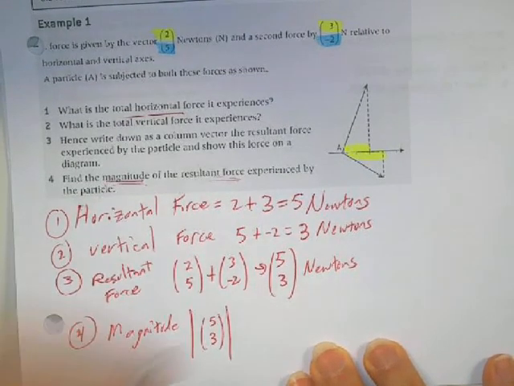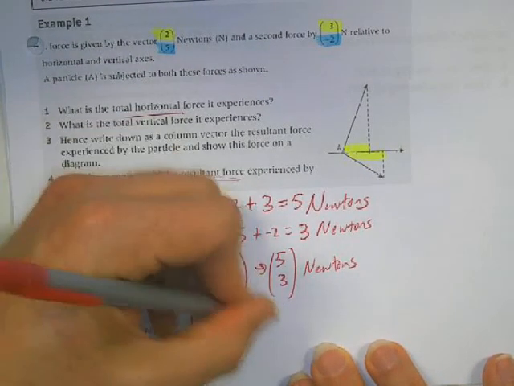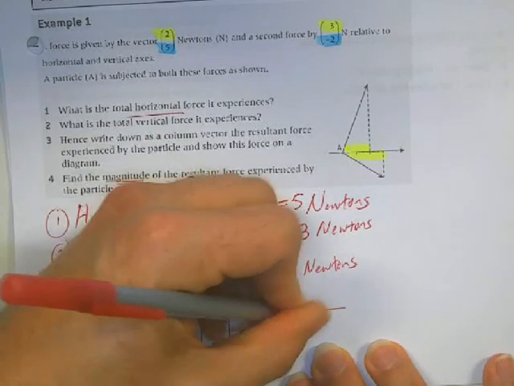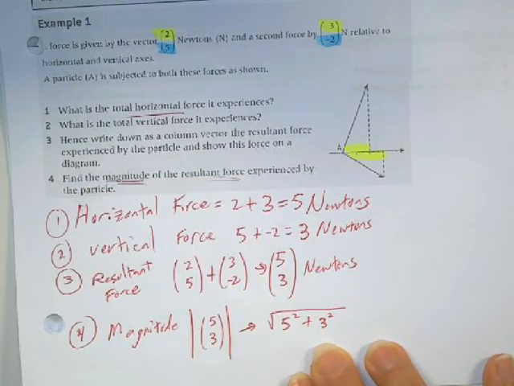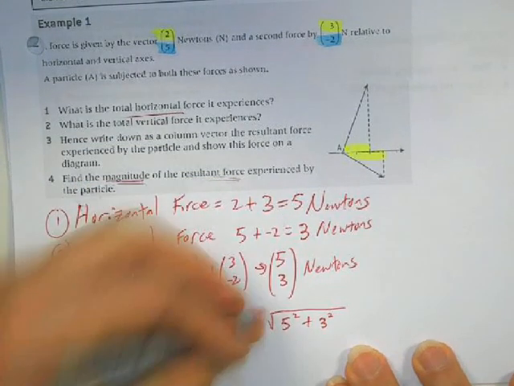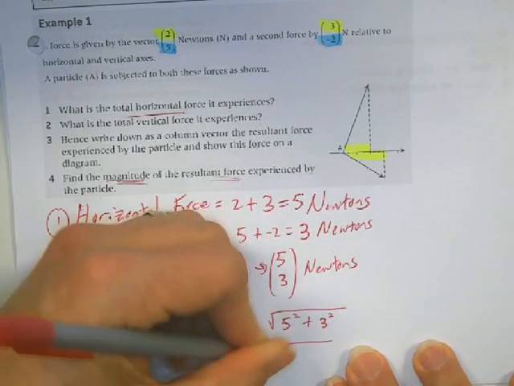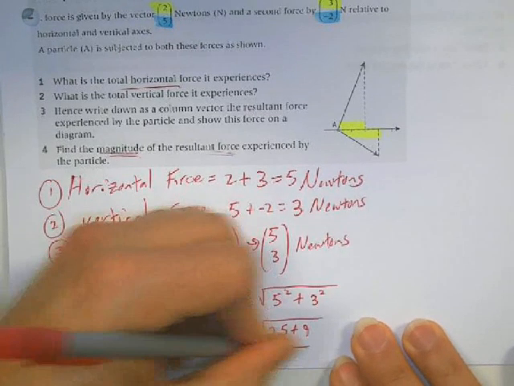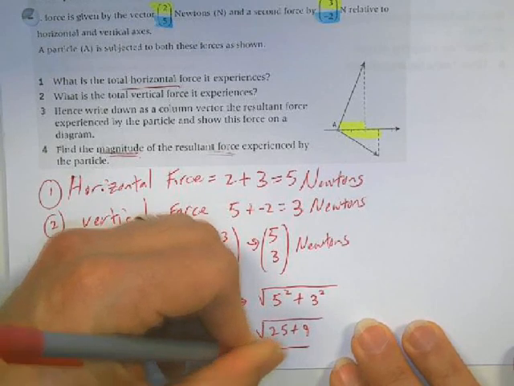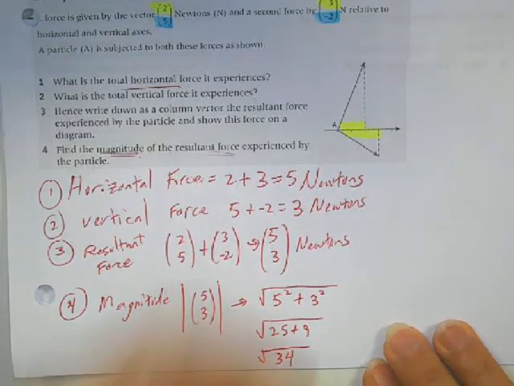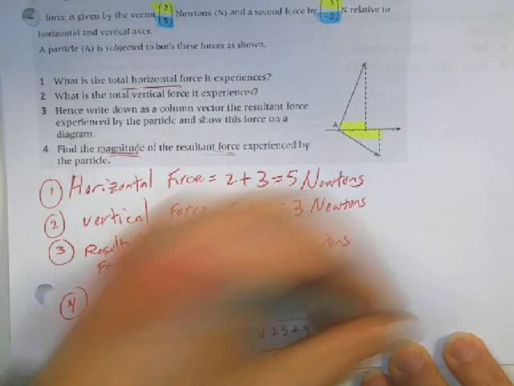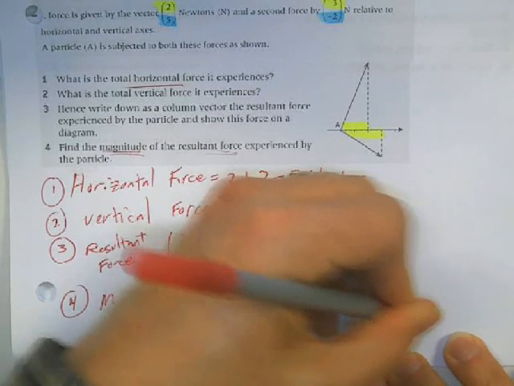And so to figure out the magnitude, we take the square of the 5 plus the square of the 3, and then add them together and take the square root. So 25 plus 9 gives us the square root of 34. And then I plug that into my calculator, and that is approximately 5.83 newtons.